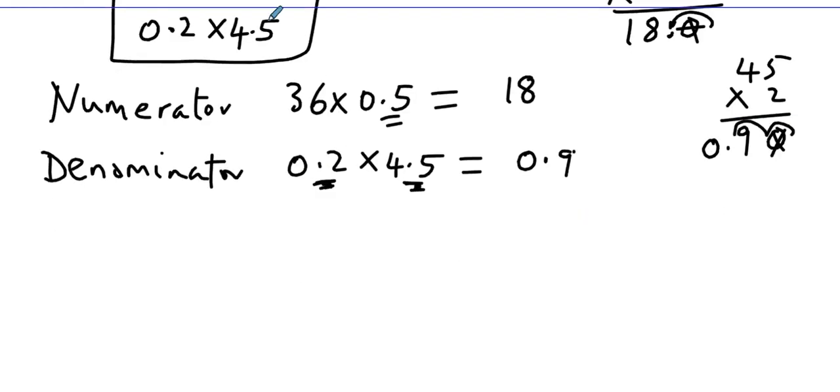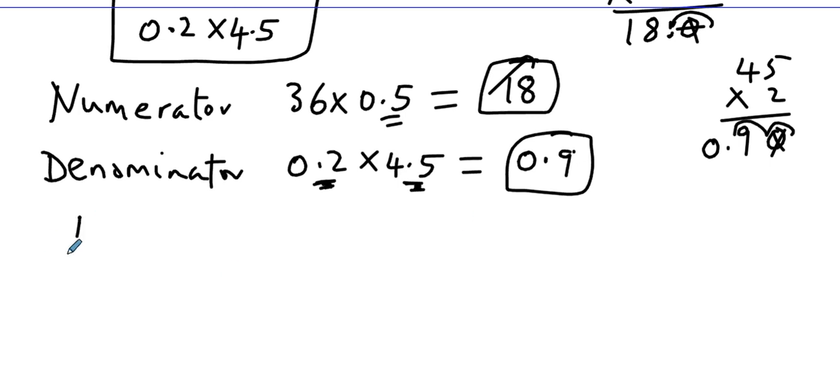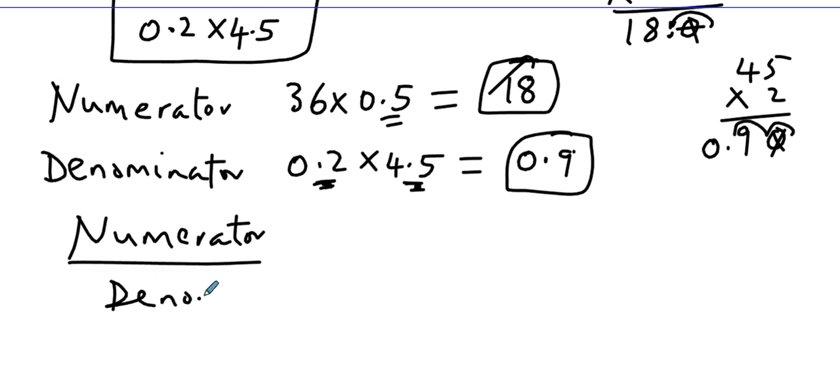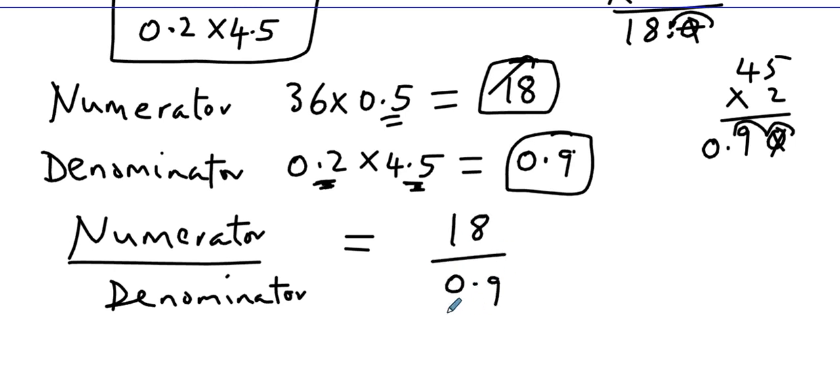Okay, now the numerator is 18. The denominator is 0.9. So lastly, you do numerator divide by denominator. Remember what I said?